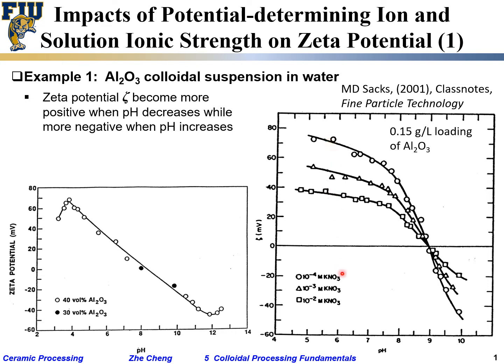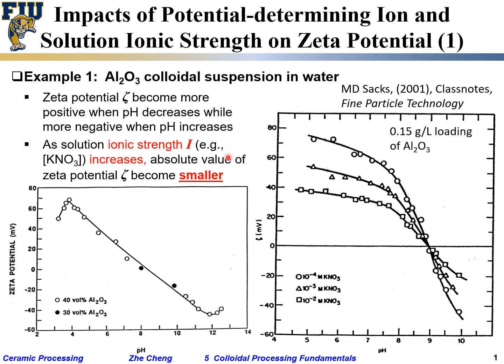As we increase from 10 to the minus 4 to 10 to the minus 2, increase in supporting electrolyte concentration, our ionic strength, my zeta potential actually becomes less. Okay, which is very important.